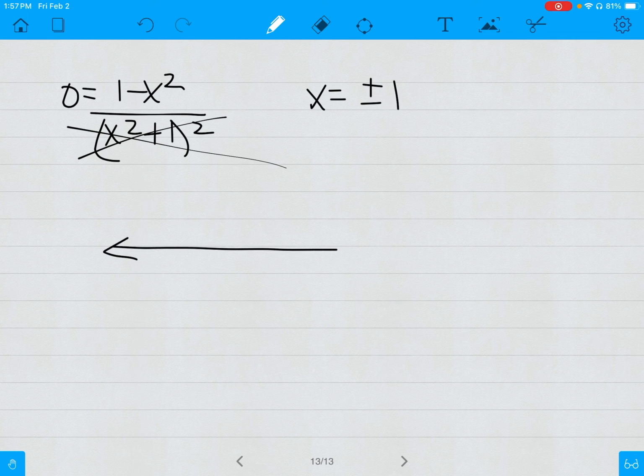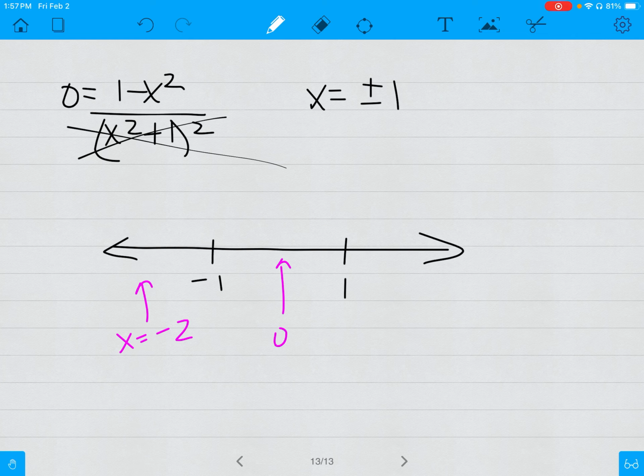Then we're going to make our number line, just like we did in the previous video, because we're going to divide our number line up into 3 sections, pick a test point from each section, and find out the sign of the first derivative there. So for this left-hand portion, to the left of negative 1, I'm going to pick negative 2 as my test point.